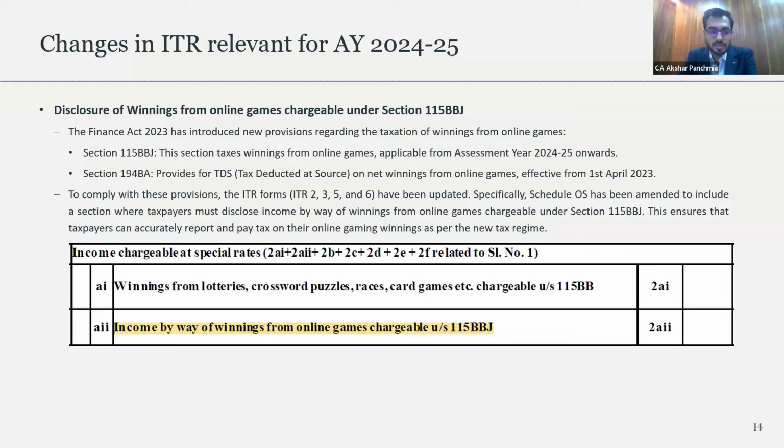In this case, they have also brought in a disclosure for 115BBJ, wherein you have to put in what you have earned, whatever your income is during the year. While your TDS, that is under 194BA, is applicable on your net winnings, any withdrawal which you make from any of your online gaming wallets will have to be subjected to this TDS as and when the withdrawal is made.